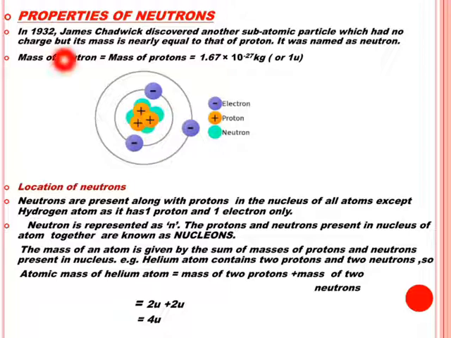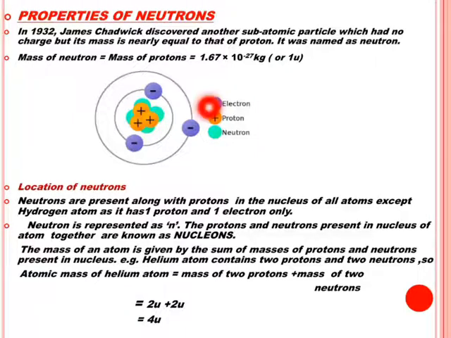Mass of the neutron is equal to mass of protons, that is equal to 1.67 x 10^-27 kilogram, or we can write its relative mass: as the relative mass of proton is 1 unit, the mass of neutron is also 1 unit.